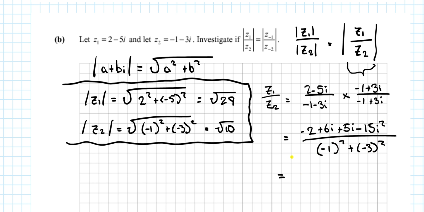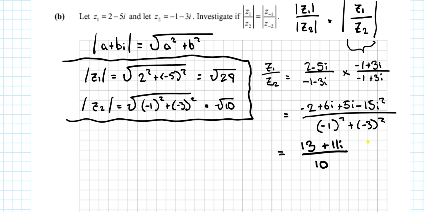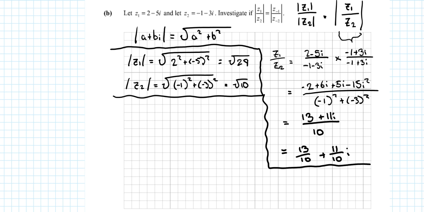So it's minus 2 plus 15, which is 13, plus 11i all over 10. Okay, and then that simplifies even further: 13 over 10 plus 11 over 10 i. So that's Z1 divided by Z2.